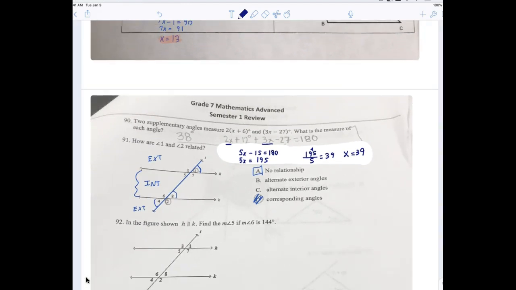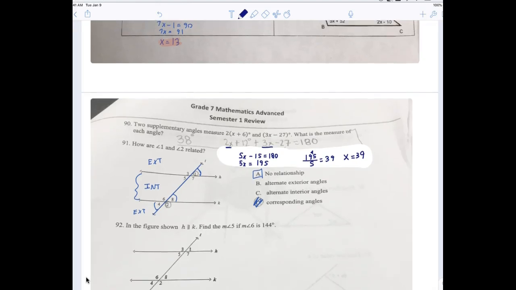All right, now that x is equal to 39, what is the measure of each angle? We're now just stuck with 39, right? We have to go back and figure it out. So one angle is 2 times x plus 6. So what's that going to be? 2 times 39 plus 6.